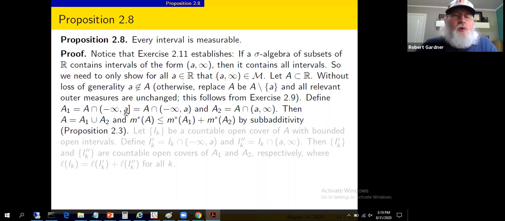I know lowercase a is not in set A, so we could drop this a over here. When I do the intersection of these two things, I know lowercase a is not in set A by the without loss of generality claim. We'd actually replace that and say this is the same set, capital A intersect the open interval from negative infinity to a. Neither side includes lowercase a, so that's how we can draw the conclusion of equality there.